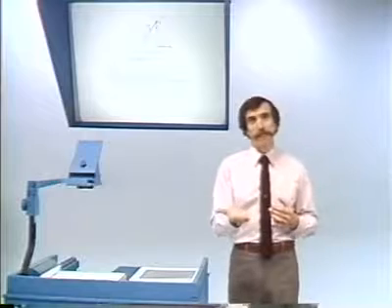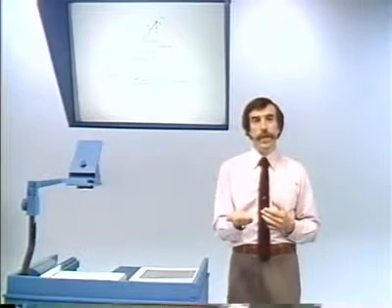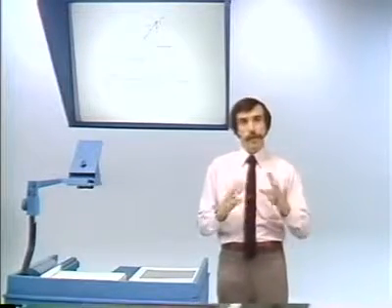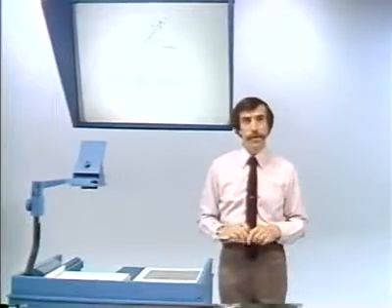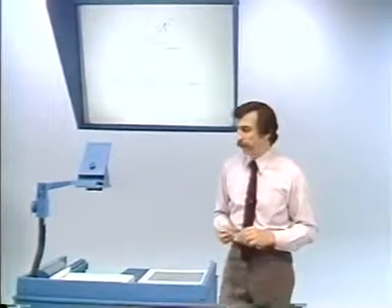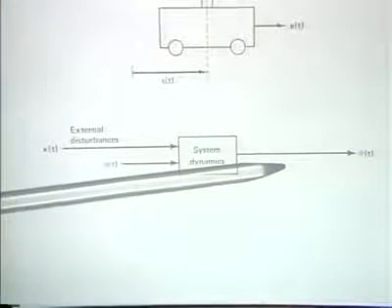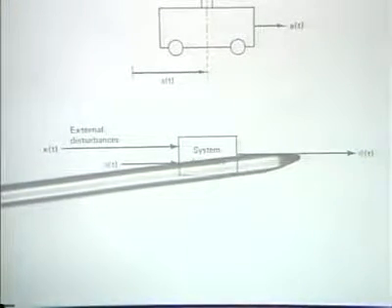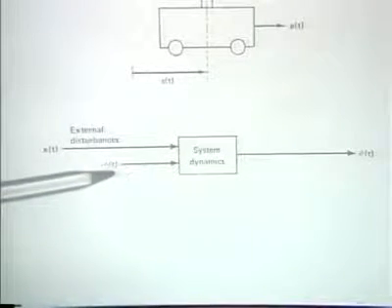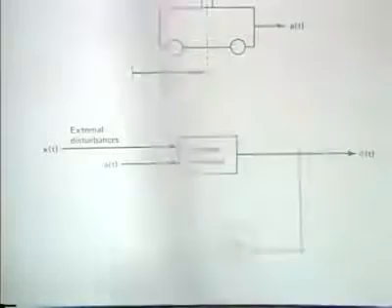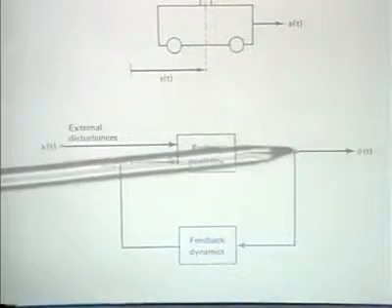But as you can imagine, just as it's basically impossible to balance a broom in the palm of your hand with your eyes closed, what is very hard to ascertain in advance are what the various dynamics and disturbances are. And so more typically, what you would think of doing is measuring the output angle and then using that measurement to somehow influence the applied acceleration or force, and that then is an example of a feedback system.